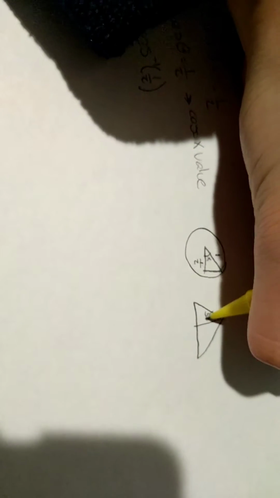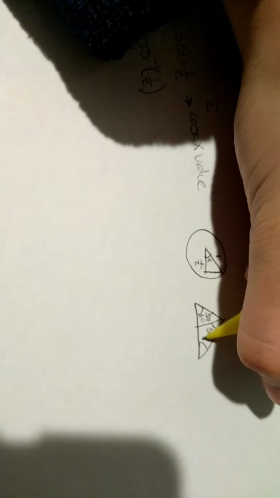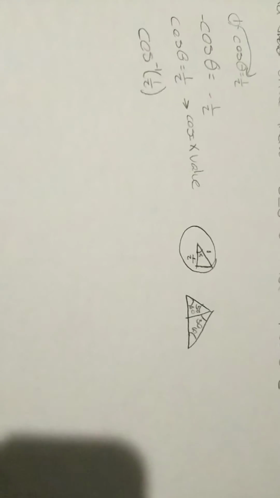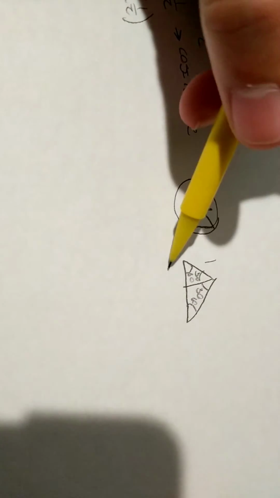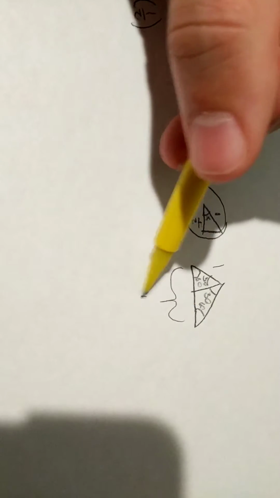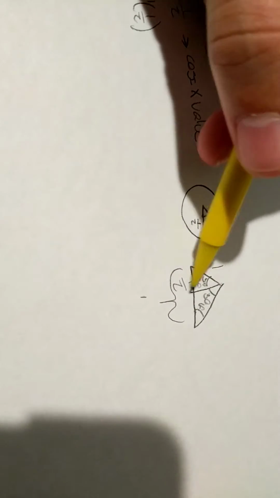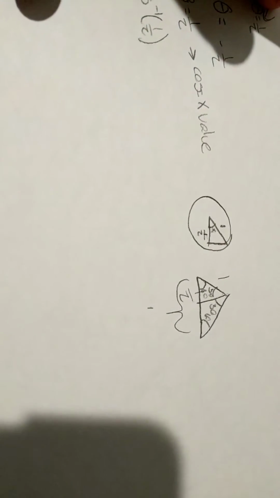triangle like this, where you have a 30 here, a 30 here, and then 2 60s. Wow, how is this so far out of focus? Okay, 2 60s. And so this length is 1, this whole length is 1, so this length is 1/2, and then you have that length doesn't really matter.